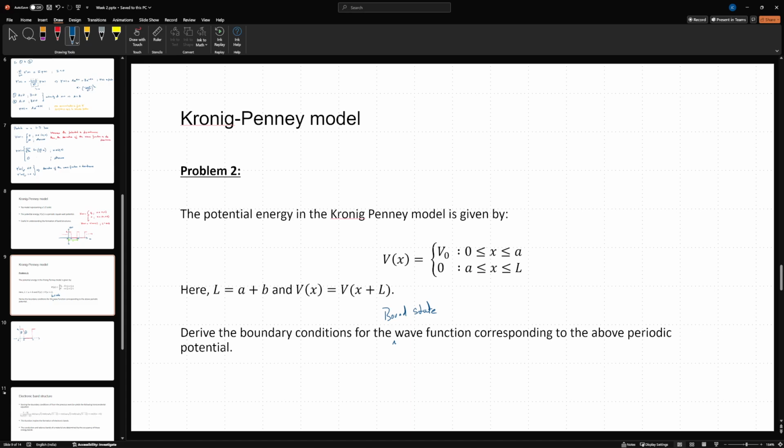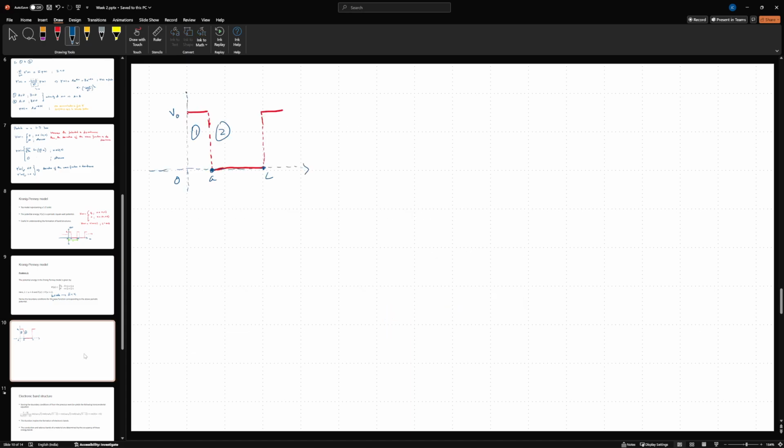Should E be greater than V naught or less than V naught? Okay, so this has already been discussed, so I recommend that you go back and look at the previous week's notes. Bound state automatically implies E is less than V naught. So we are looking at solutions where E is less than V naught, and of course, it will still be greater than 0.